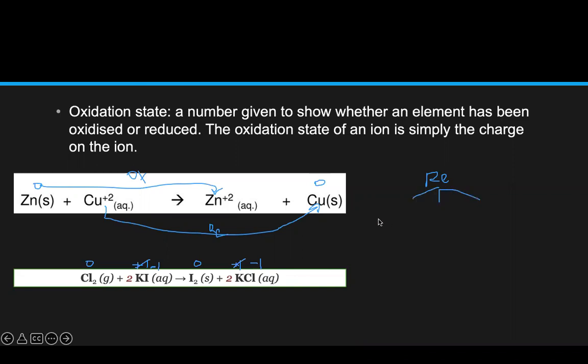We're either talking about the addition or removal of oxygen atoms, or the addition or removal of hydrogen atoms, or electron transfer, which is also expressed in oxidation state, the number given to show whether an element has been oxidized or reduced.